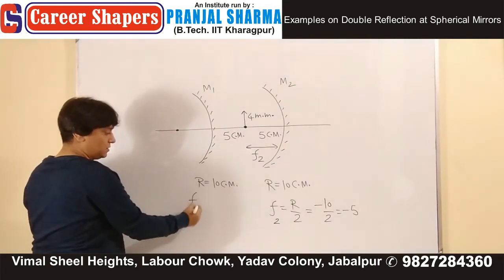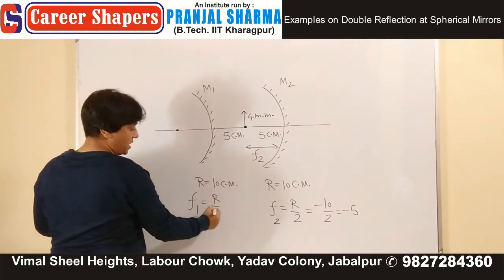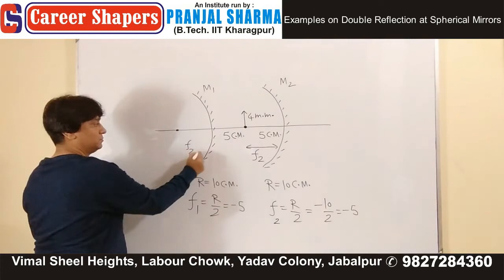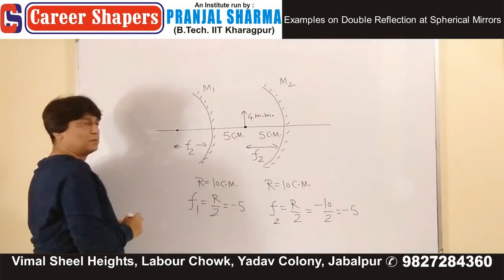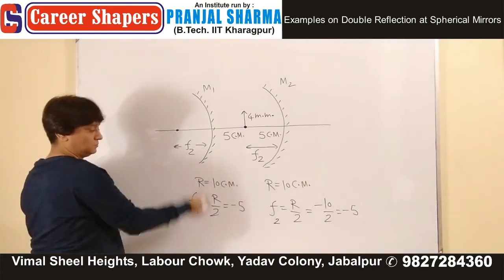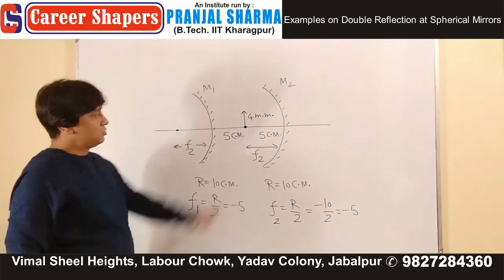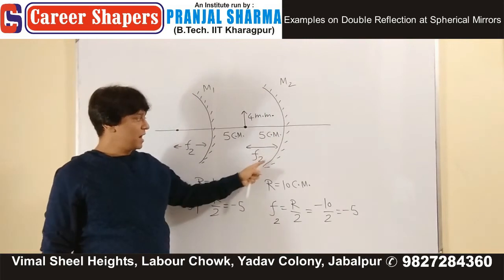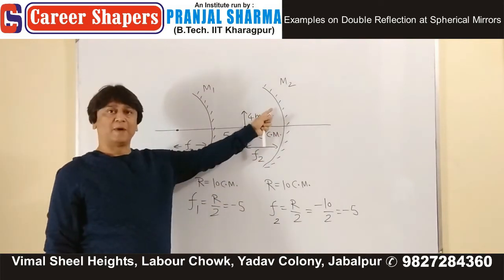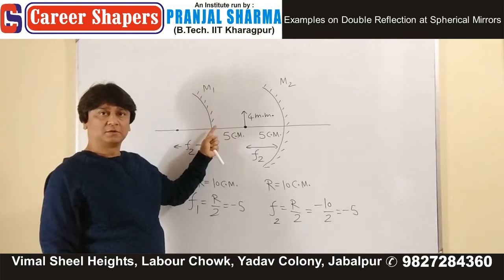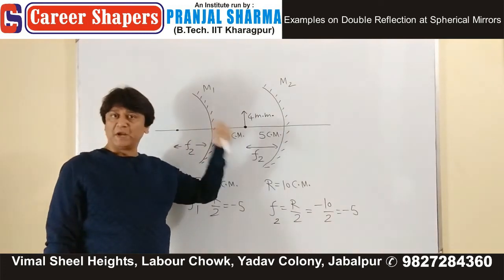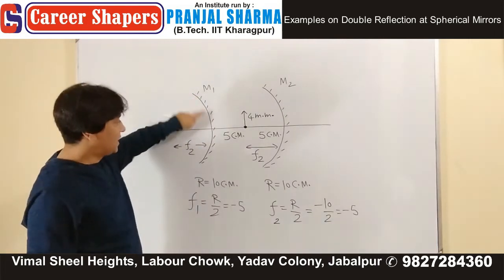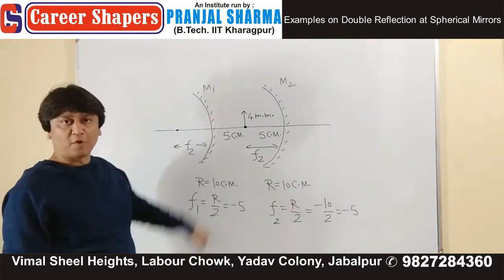Its focal length is R by 2, which is minus 5. This is F2, 5 centimeter. So rays coming from this, when reflected by M2, move parallel to the principal axis because they are going to meet at infinity.